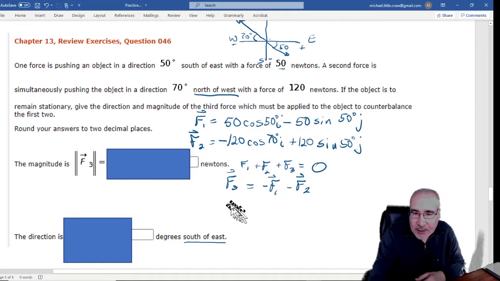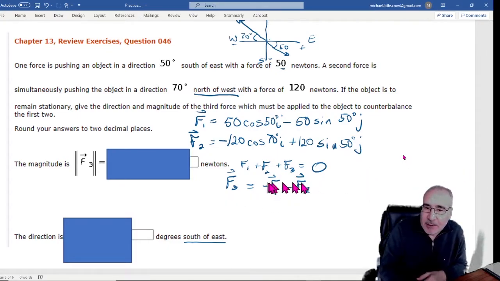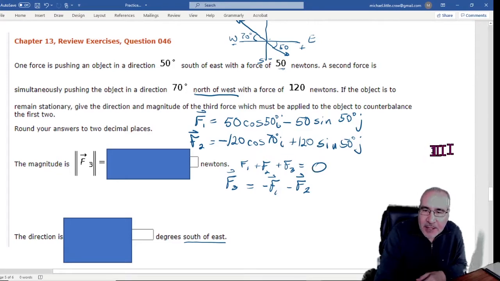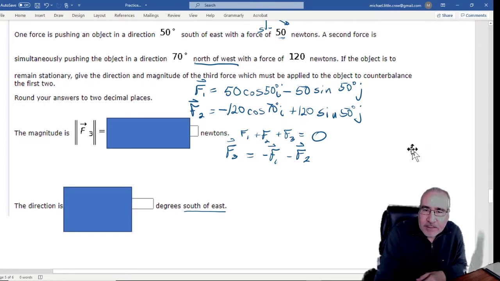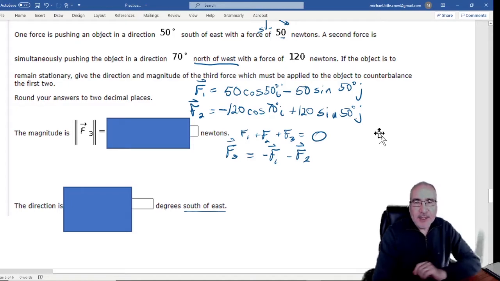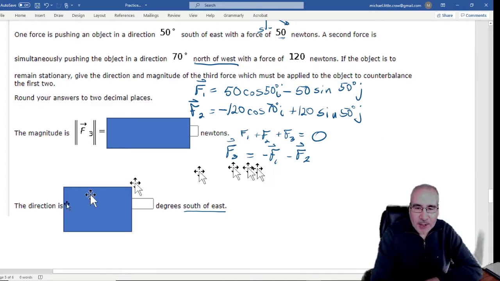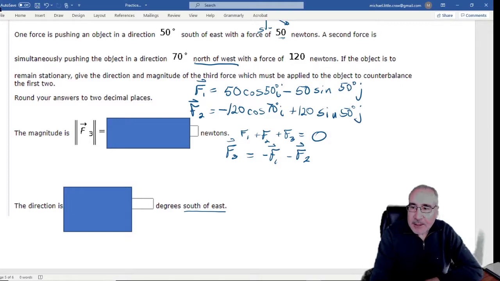Okay, so we use this, and it's just a simple vector addition, but with these numbers. Now, at this point, I would suggest we resolve this 50 cosine of 50 degrees into a number using our calculator.